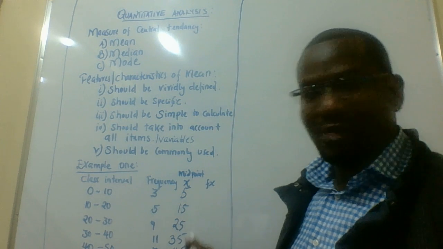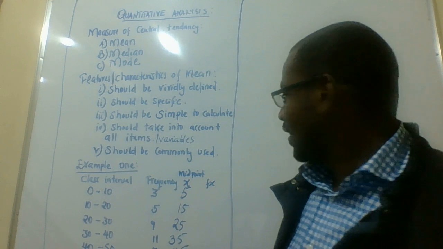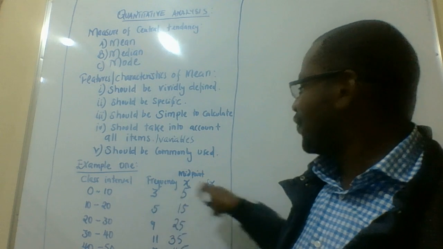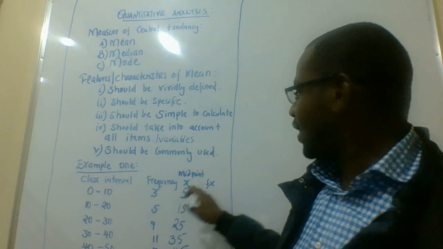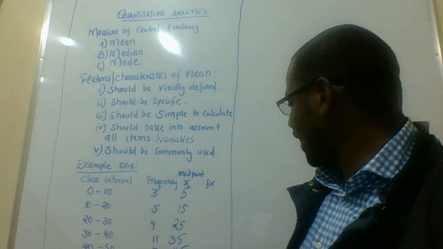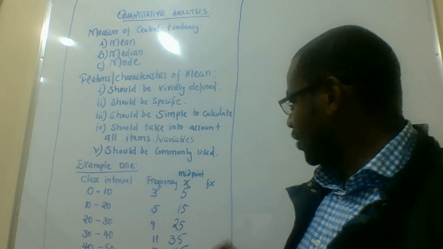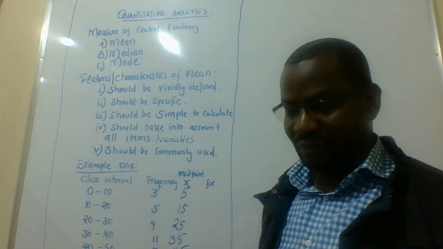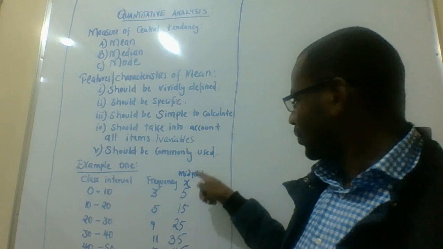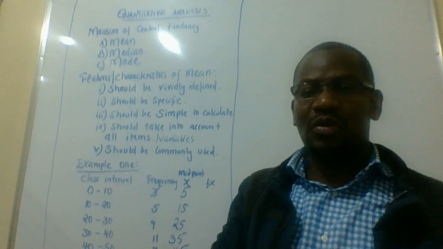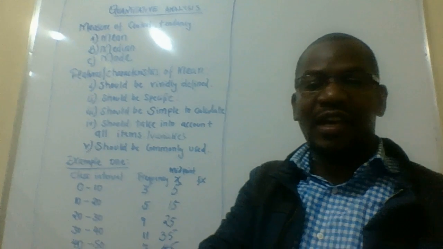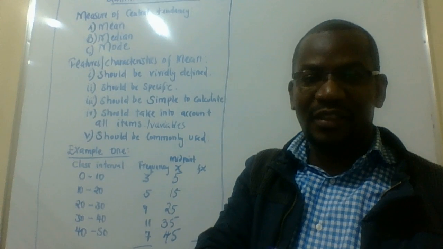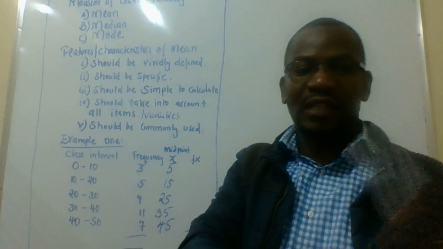So come up with the midpoint, then calculate fx, the frequency and the midpoint, so as we can get this summation and this summation. So calculate what we are talking about, fx.